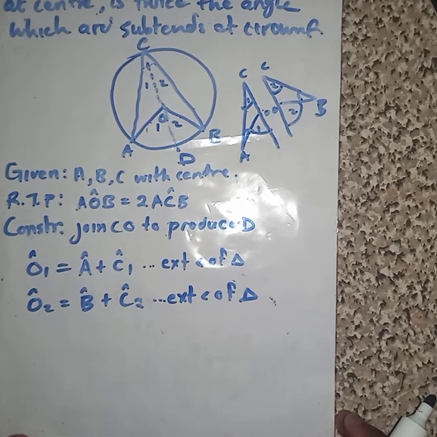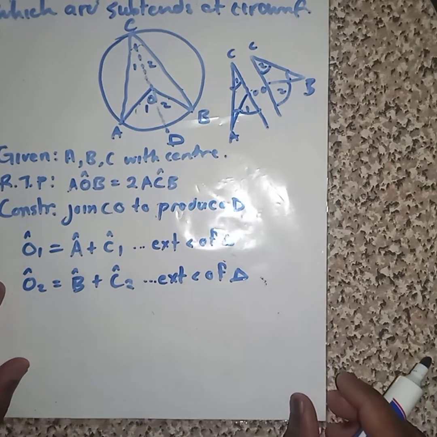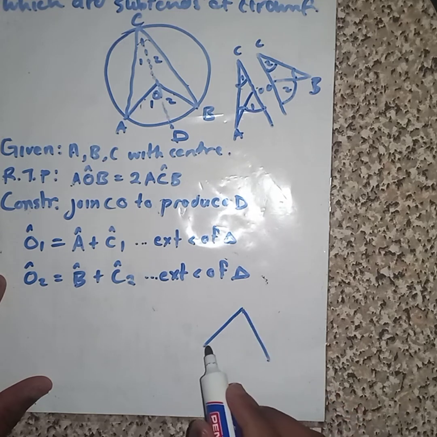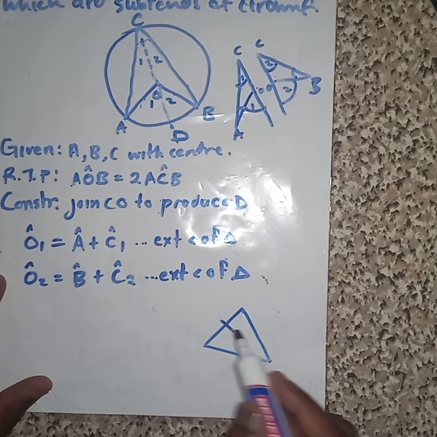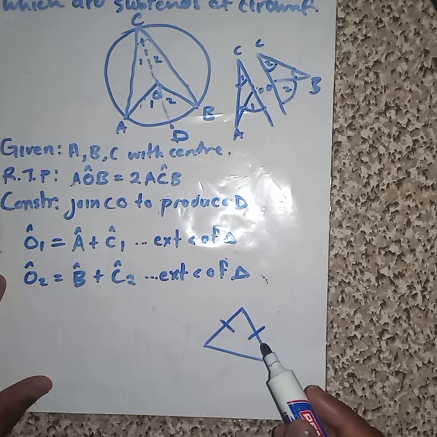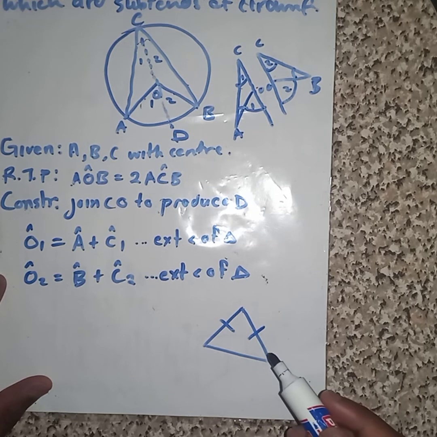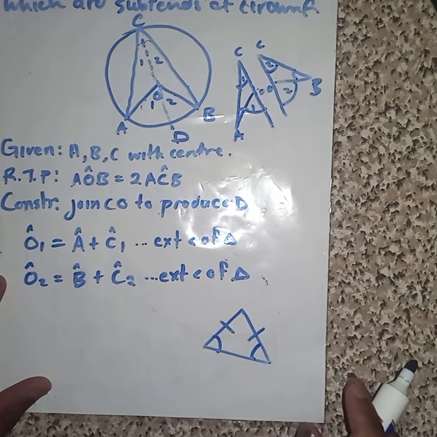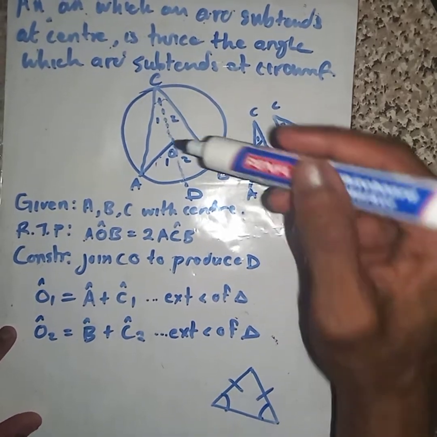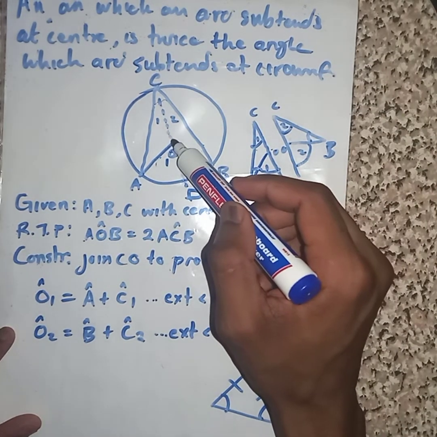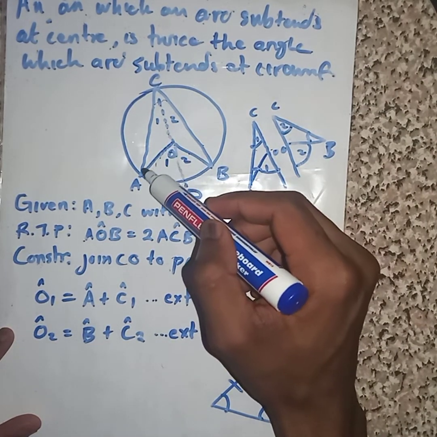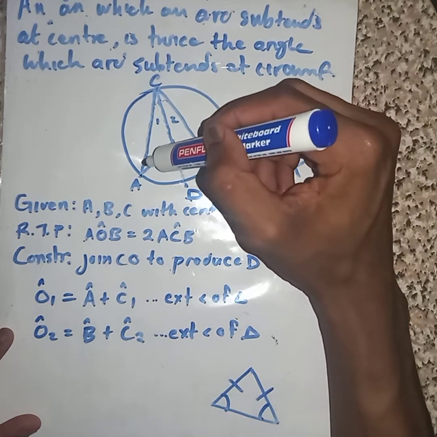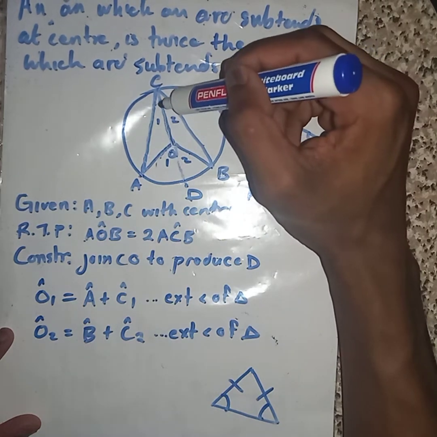We are not done yet. Check. Do you also still remember, if we have a triangle like this, having this side equal to this side, which two angles are going to be equal there? Clearly, this one and this one. On our diagram, we have two triangles. We have this triangle together with this triangle.